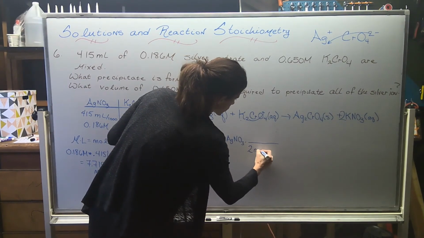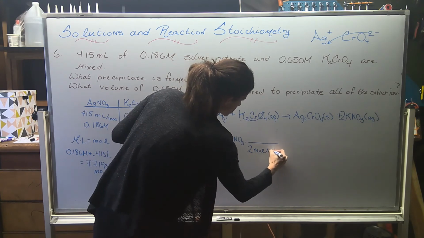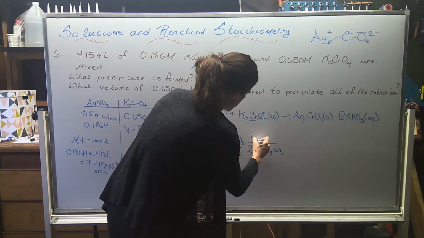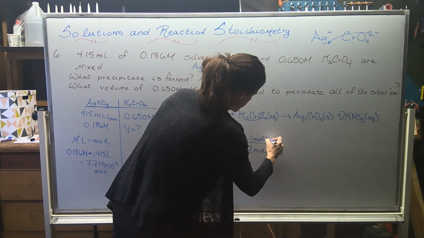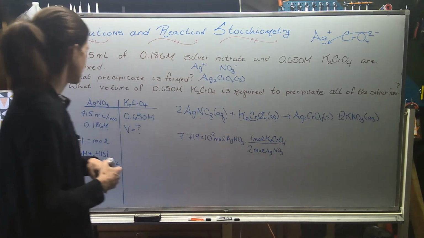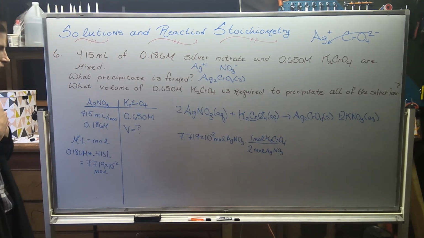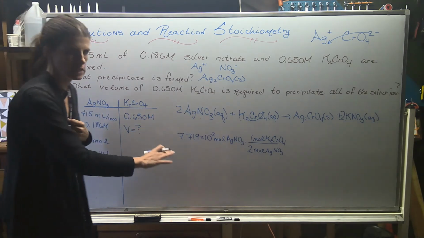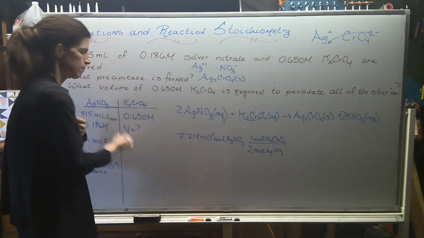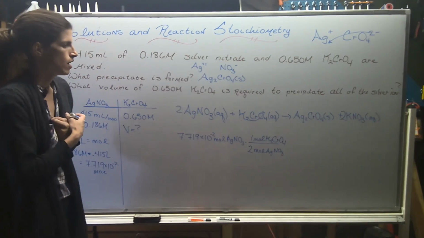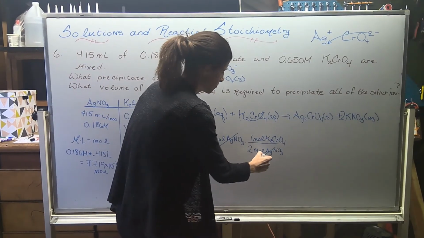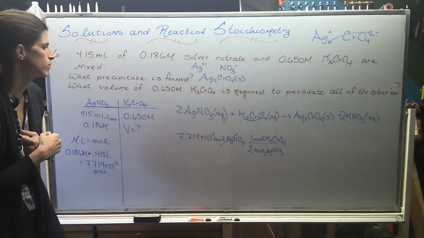So I'll do 2 moles of silver nitrate and 1 mole of potassium chromate. What do they ask me for? They ask me for volume. And by all means, if it makes more sense to you to finish this, solve for moles and put it over there, you absolutely can. But I really do like to get stuff done in as minimal steps as possible.